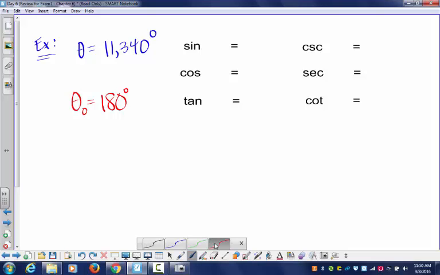So what that means is it's 31.5 revolutions. And then I would go back and say, okay, now let's take 11,340 minus 31 full revolutions times 360. And so that is going to leave us with 180. So that will be the standard angle that's coterminal.